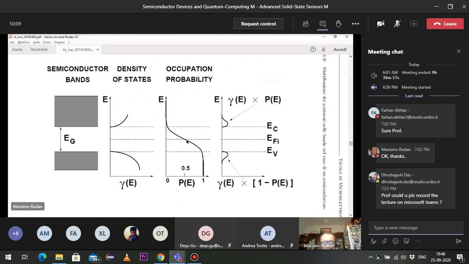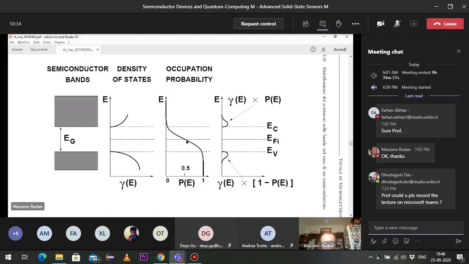And we assume that we are bringing the temperature to absolute zero, okay? When we bring the temperature to absolute zero, you remember the Fermi statistics becomes a box. So it becomes equal to 1 up to the Fermi level.